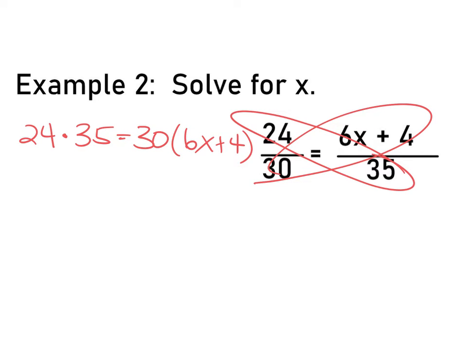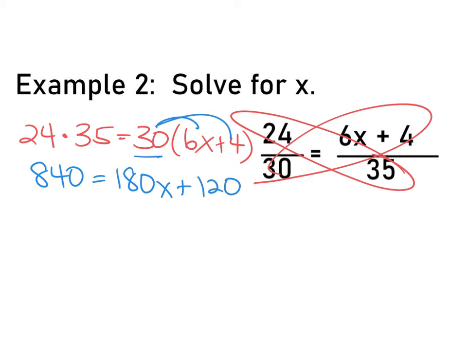And we have to be careful when we do this because we're taking 30 times this expression. So we need to distribute. So 24 times 35 is 840. 30 times 6x is 180x. 30 times 4 is 120.